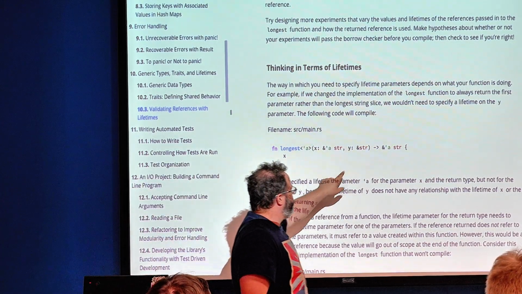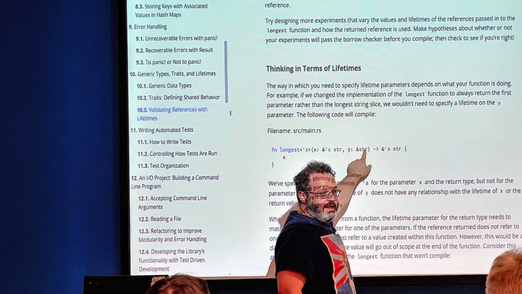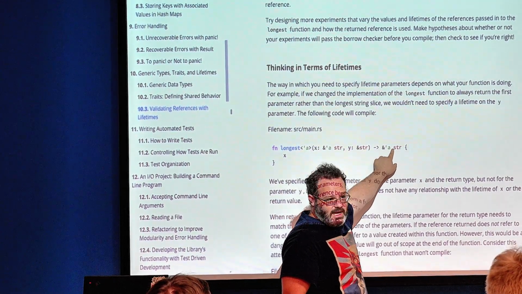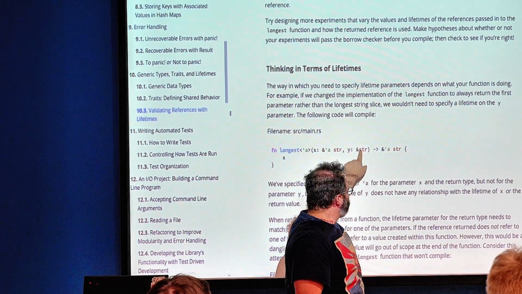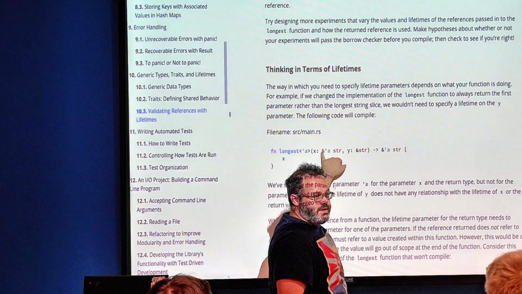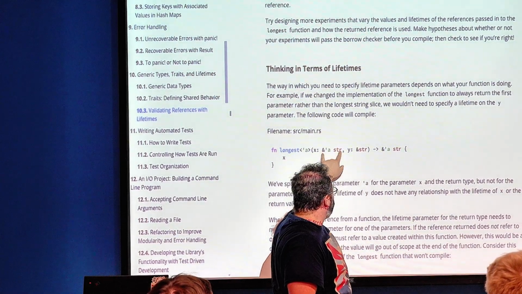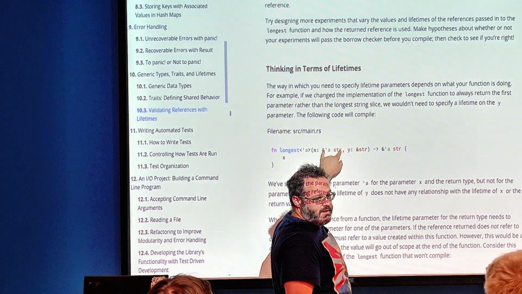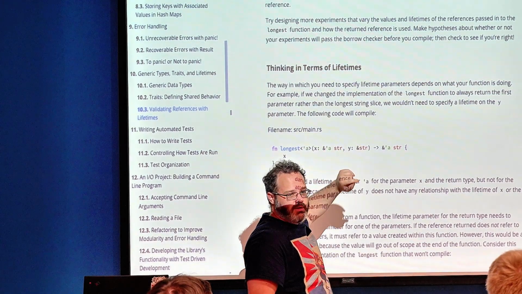We know that this thing here isn't being returned. We're returning a string slice, but it's not based on this because the lifetime is based on this. So we know that we are returning a piece of this. That's one thing we know, right?